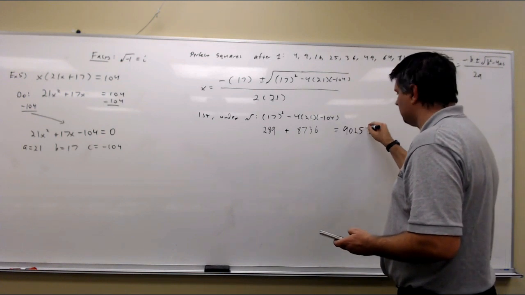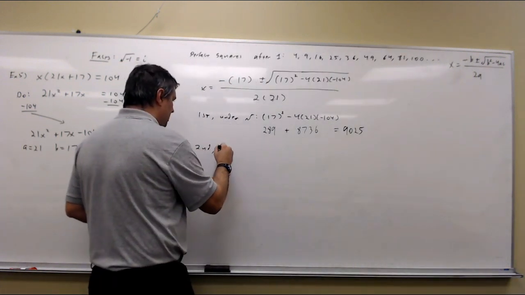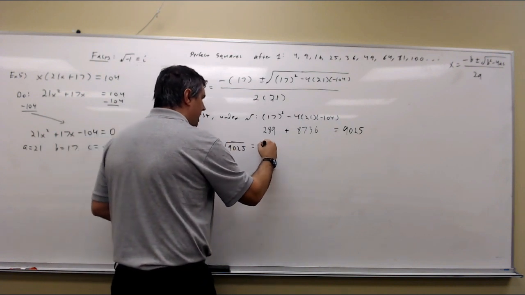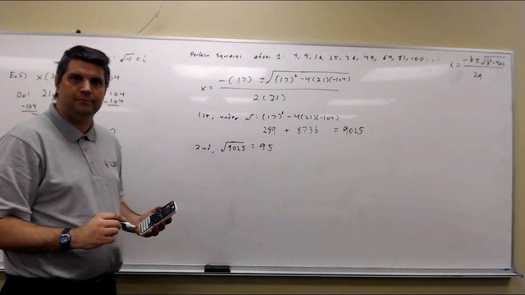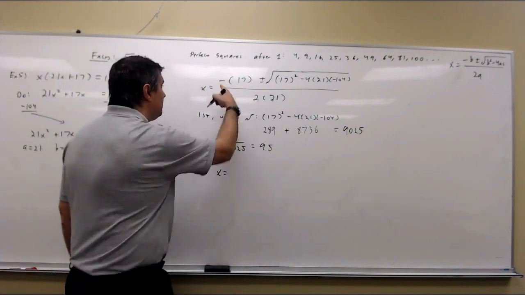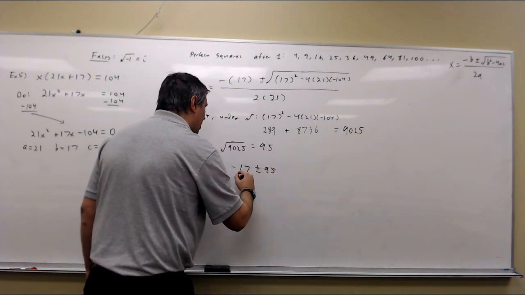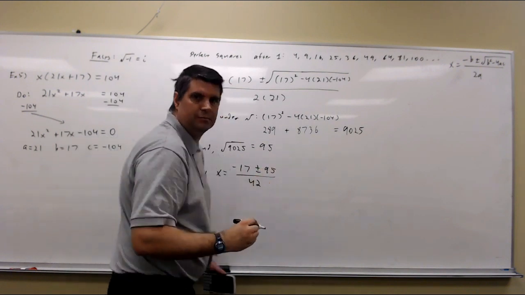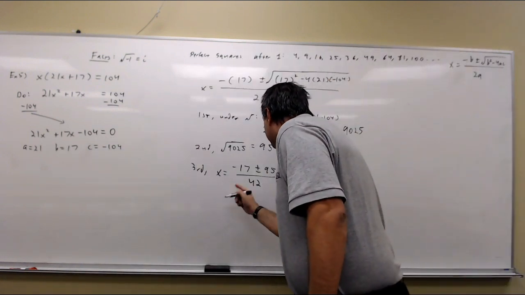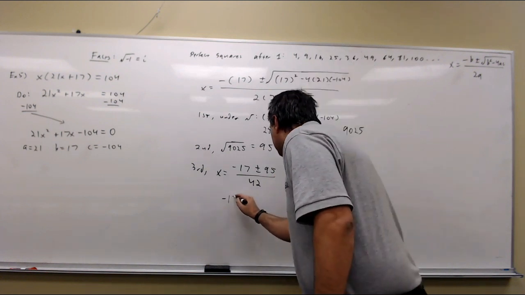9,025. Okay? Second, square root of 9,025 is just 95. So third, x equals negative 17 plus or minus 95 over 42. So because there's no i, there's no radical, these are combinable.